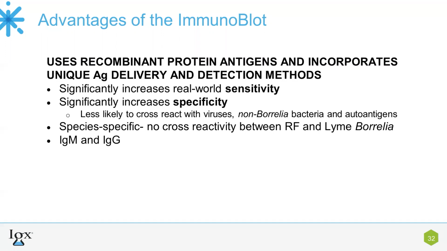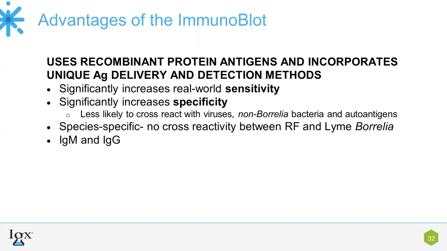Now, what about the recombinant antigens and all this? It makes it much more sensitive because you're picking up all the different species that are important, and much more specific because these are recombinant antigens and not things that just migrate based on molecular weight as they do in Western blots. So they're less likely to cross-react with viruses, non-Borrelia bacteria, and other autoantigens like an autoimmune disease. And what's also very important is that these will not cross-react with Lyme testing.